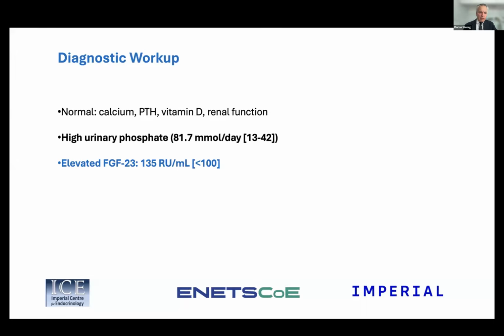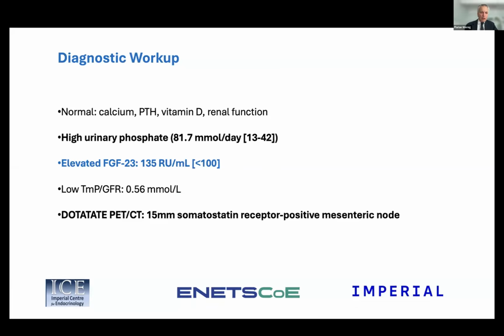We measured his FGF23 level, which was also elevated at 135, the normal reference range being less than 100 units per milliliter. And he was also found to have a low TmP/GFR, which is the tubular maximum for phosphate reabsorption per glomerular filtration rate, a marker of renal phosphate handling.